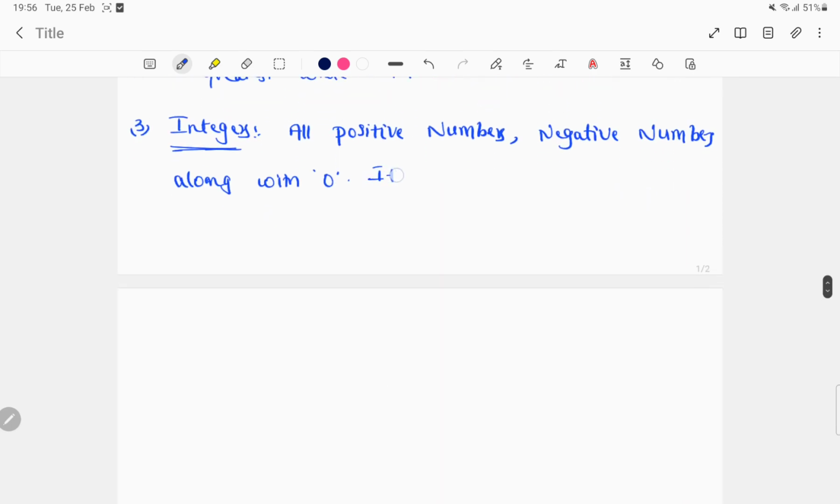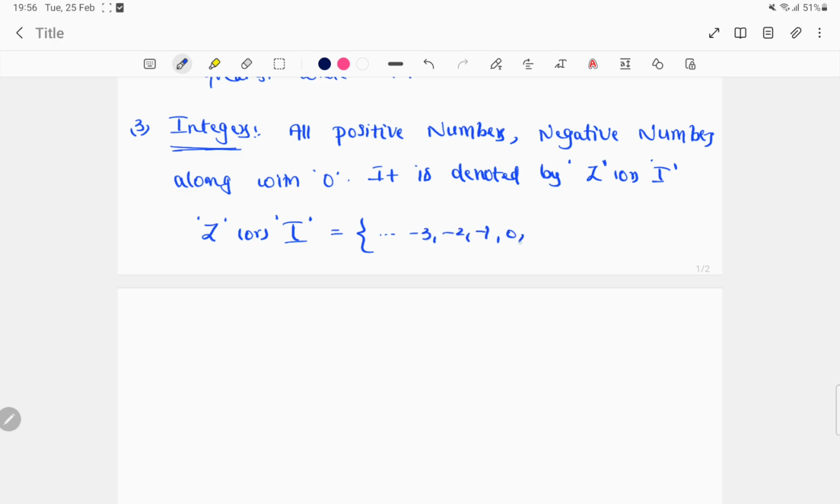It is denoted by capital Z or I. So Z or I is equal to -3, -2, -1, 0, 1, 2, 3 and so on.